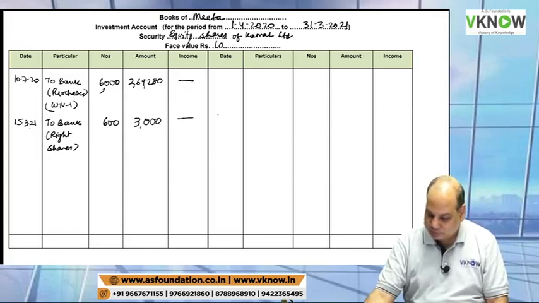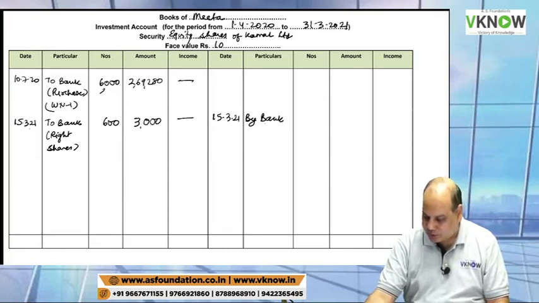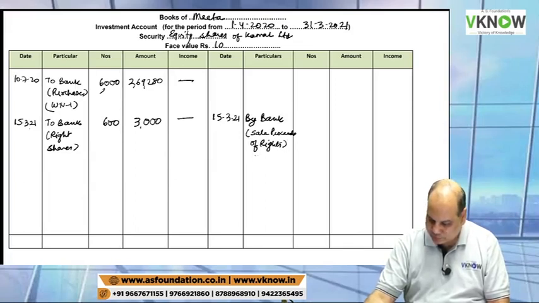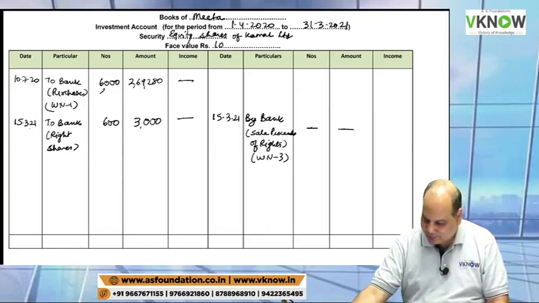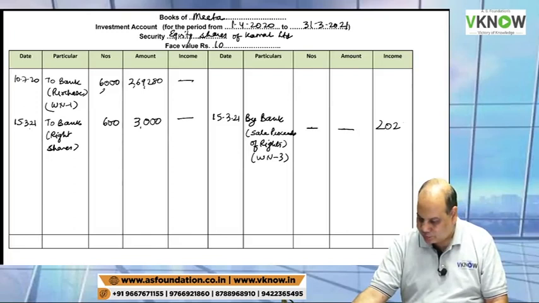And then we have sold rights. By bank, sale proceeds of rights, working note 3. And that was 2025.